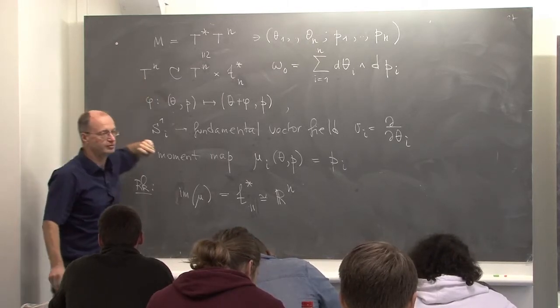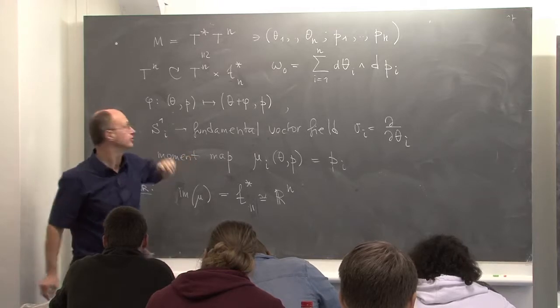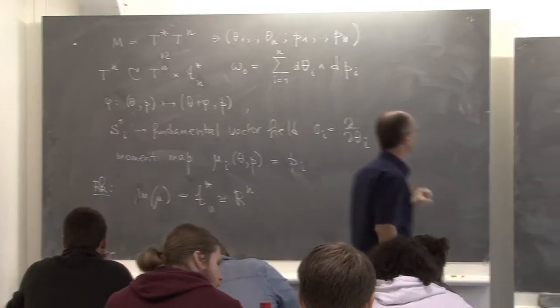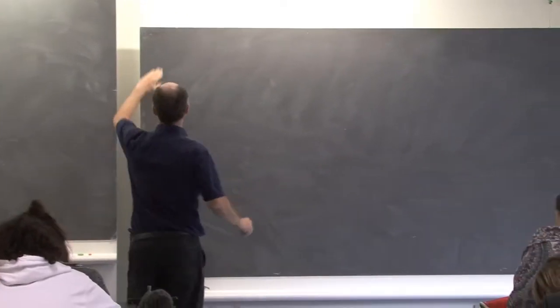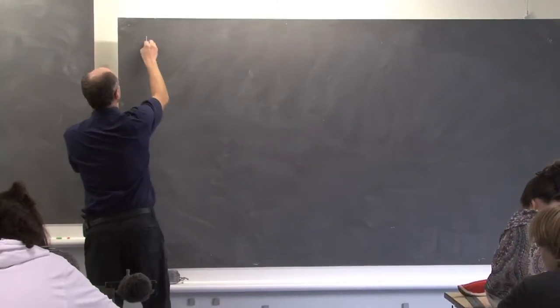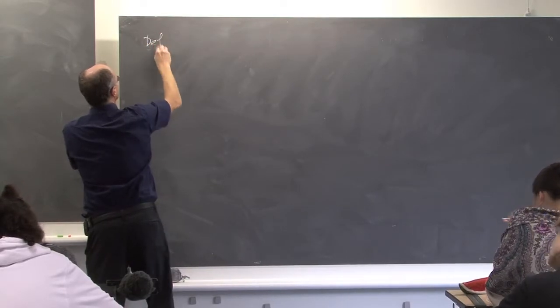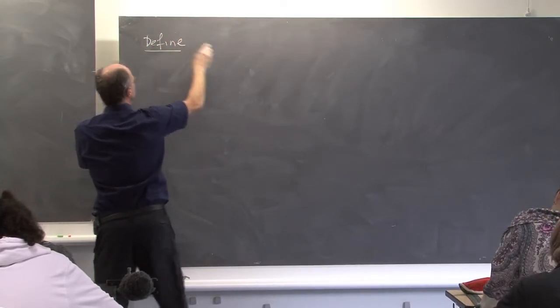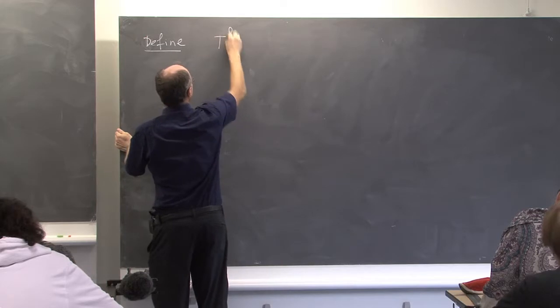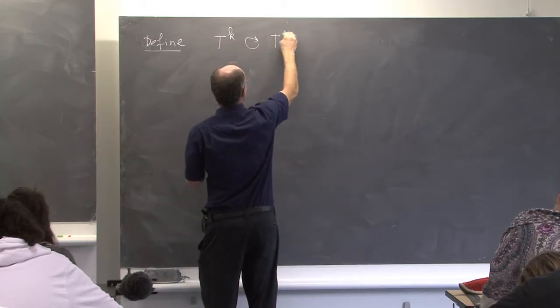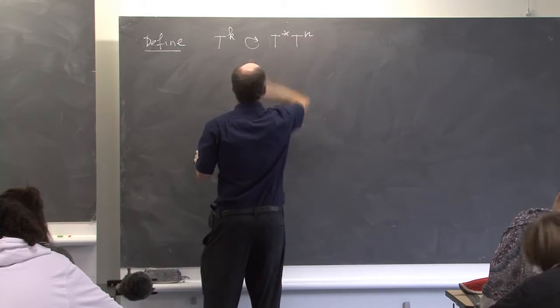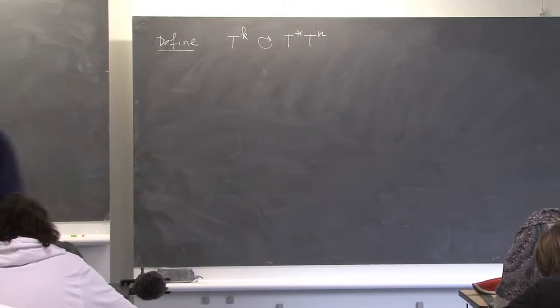So therefore, we will make another torus act on this T star of Tn, and so we'll define an action of some other torus, Tk, on T star of Tn.